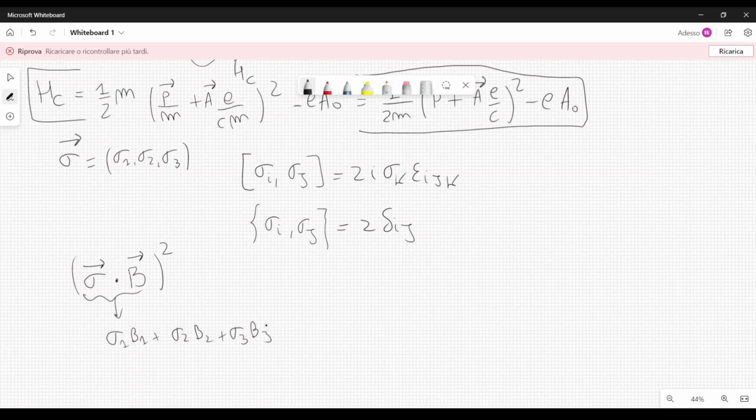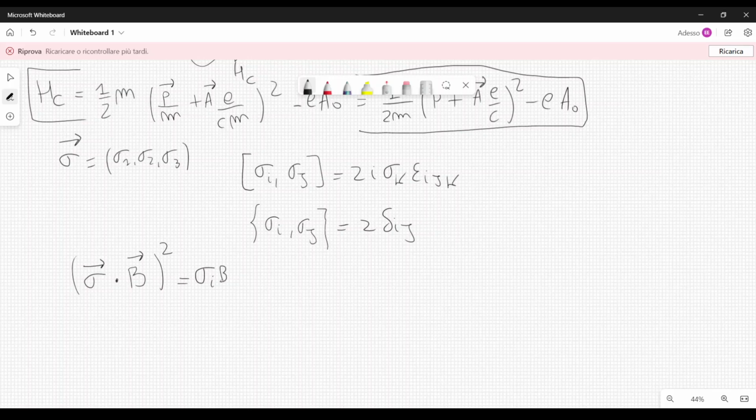But B1, B2, B3 are just scalars, and sigma 1, sigma 2, sigma 3 are 2 by 2 matrices. So the result will also be a 2 by 2 matrix. Okay, so it is something that will lead us to a matrix. It's an operator. Let's rewrite this using index notation.